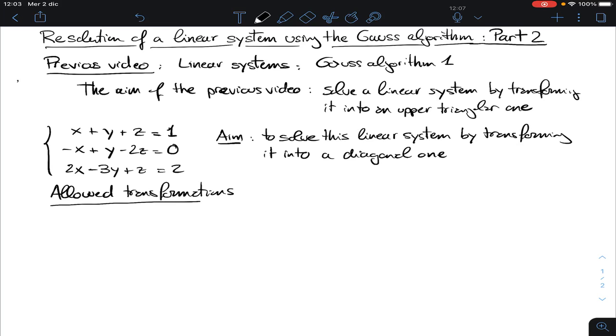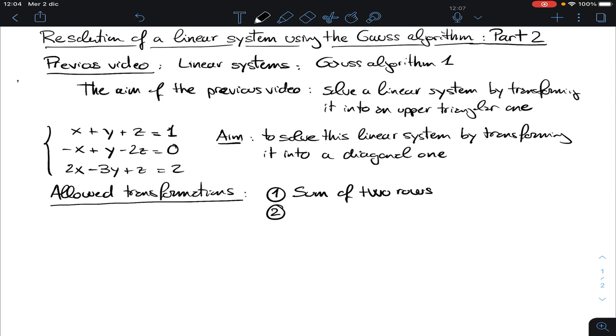You may find these transformations in the previous video. The first kind of transformation is the sum of two rows. This means that we may replace a row by the row itself plus a multiple of another row.